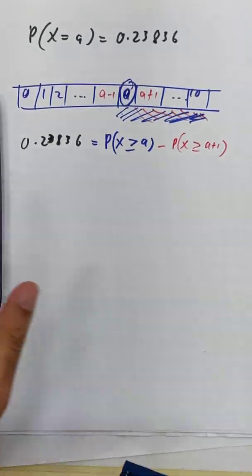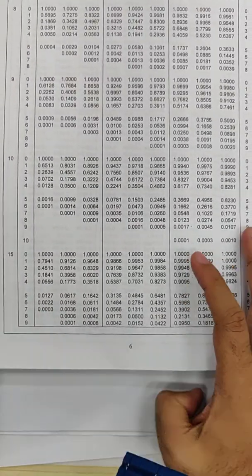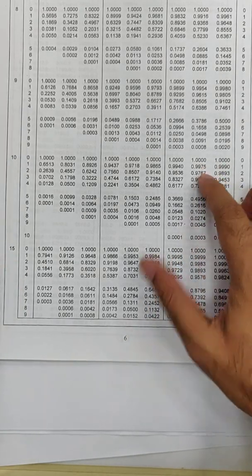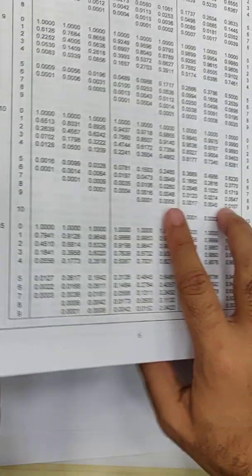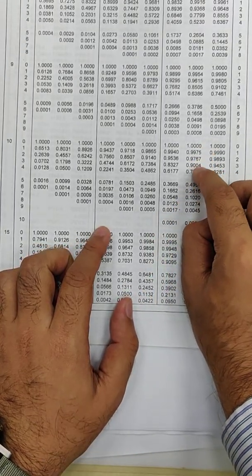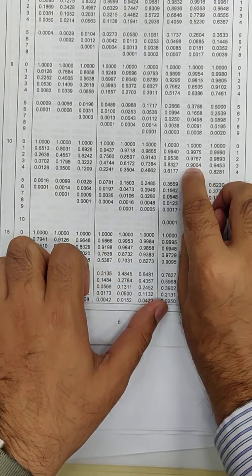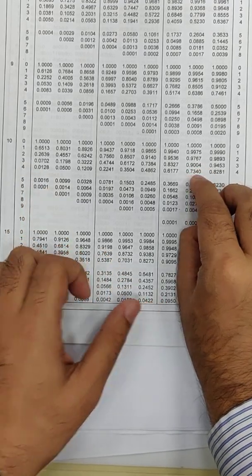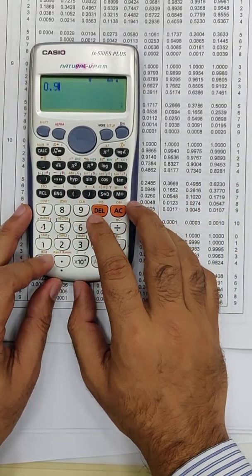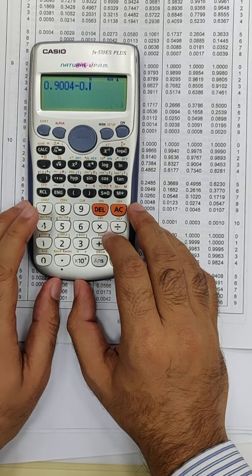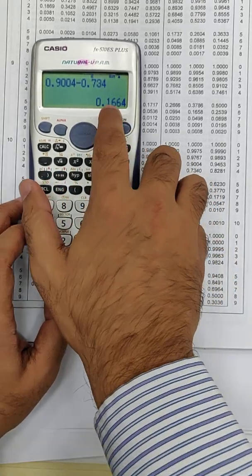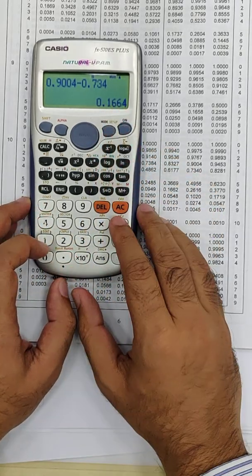No. So I need to make a good estimation where it is. If I minus these two things, I want here to get 0.2. And I go further between 3 and 4. 0.9004 minus 0.7340. Oh, this one looks quite promising. 0.1664. No. This is not what we're trying to find.